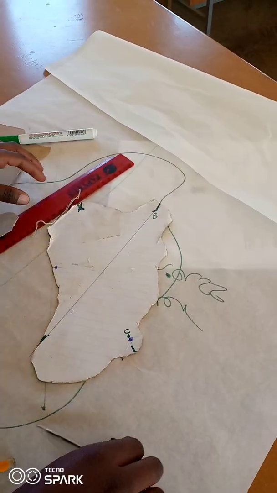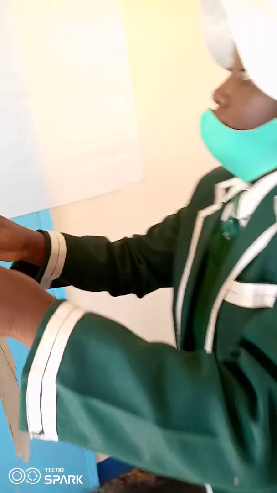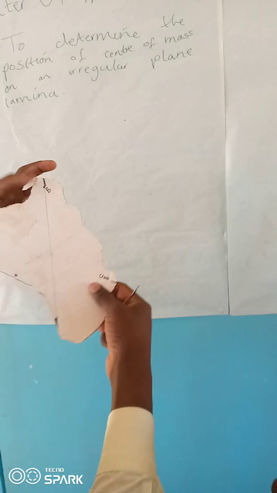Then I'm going to repeat the same procedure again for the second point. Just suspend this plumb line on this lamina.